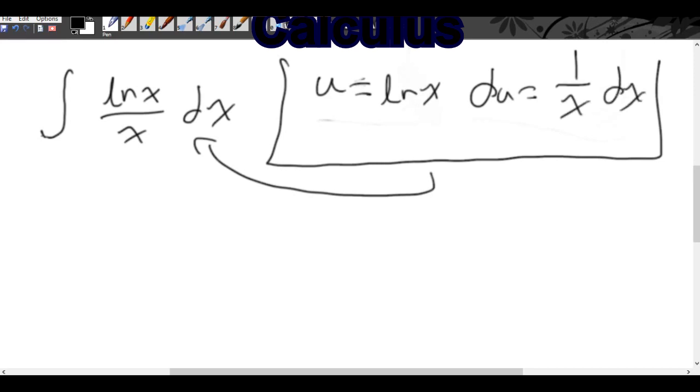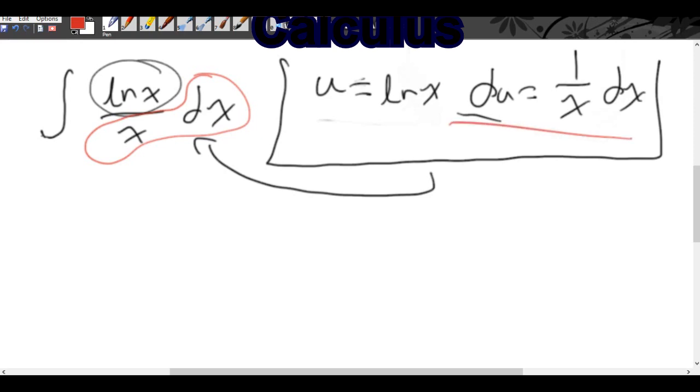In this case, we can not only substitute our u, which is ln x, but we are also able to substitute du into 1 over x dx. So we have the integral of u du, and the integral of u is just u squared over 2 plus the constant c.